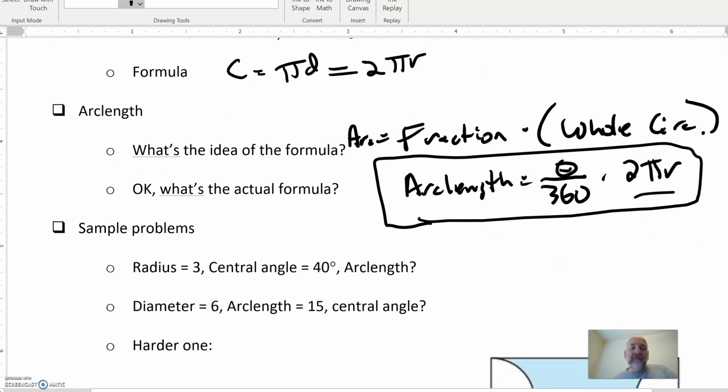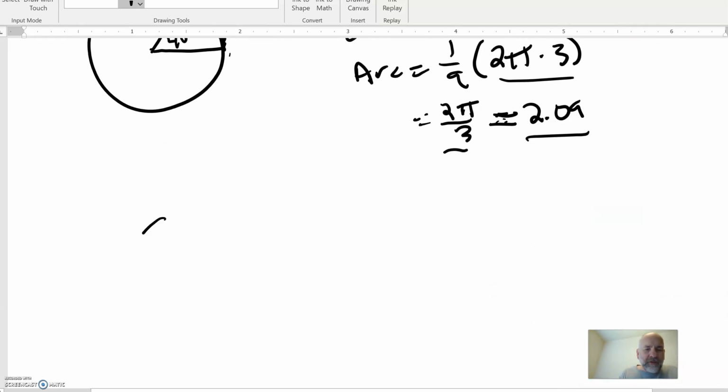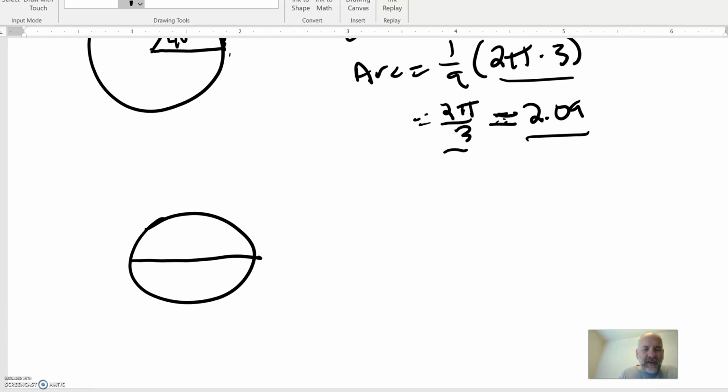Diameter is 6, arc length is 15. What's the central angle? All right, we got a circle, and the diameter is 6. I don't like the diameter being 6. I'm going to change the problem because it's the same size as the other circle. So I'm going to make the diameter equal to 8, and the whole arc length is 15. So if I look at it, I'm going 8 around here, and then 8 around. It looks like it's about this big or something.